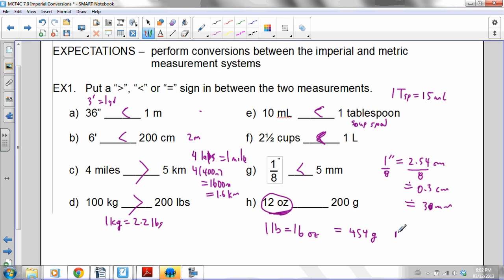The way I think of this is like a package of pasta, which comes in 1 pound packages. Or you can get a 1 pound bag of chips, and that's 454 grams. That's 1 pound. So 12 ounces is most of that, but 200 grams is less than half. So 12 ounces is more than 200 grams.